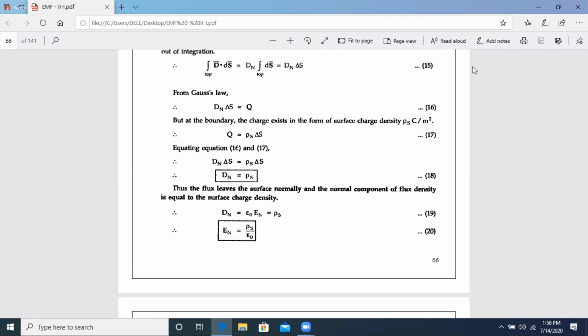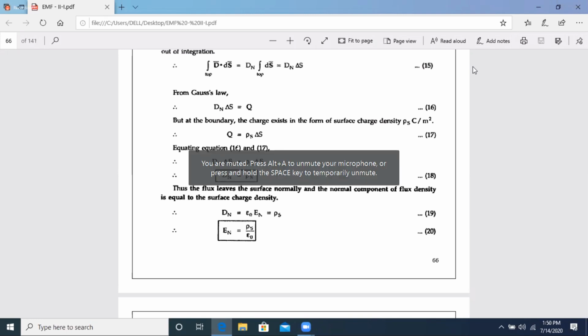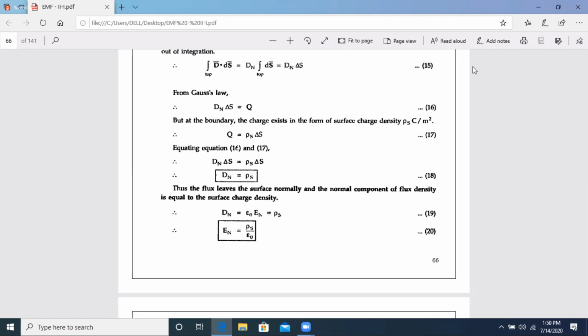And D normal in medium 1 is equal to D normal in medium 2.